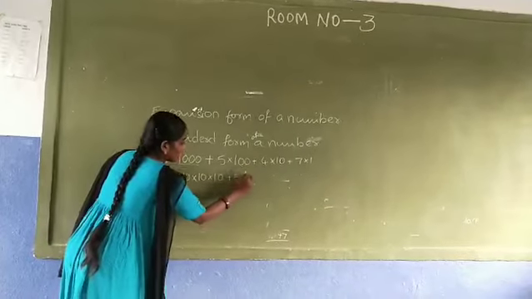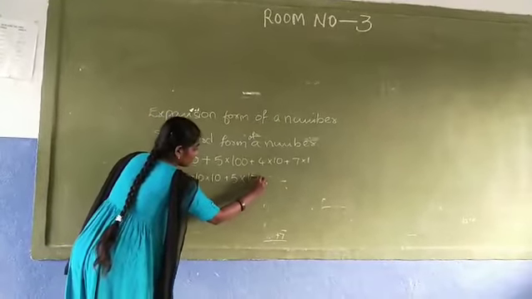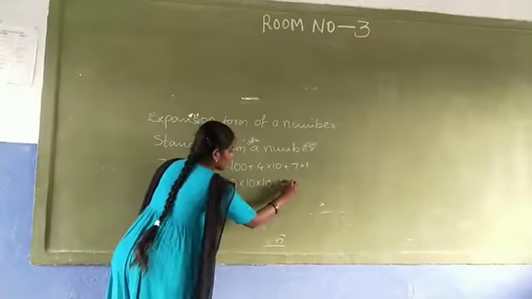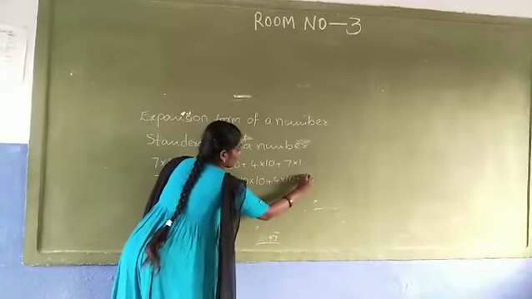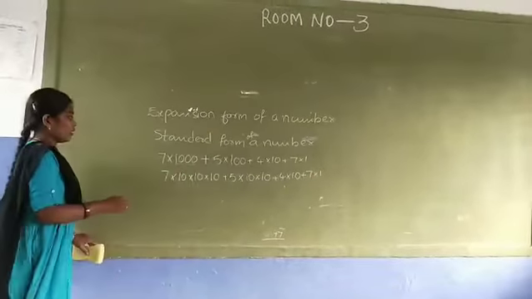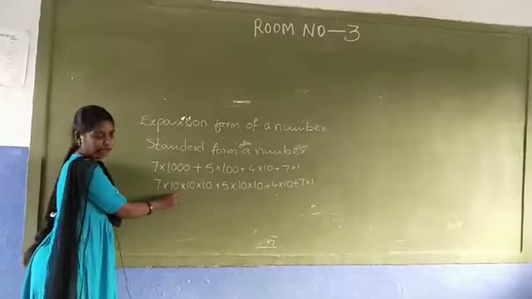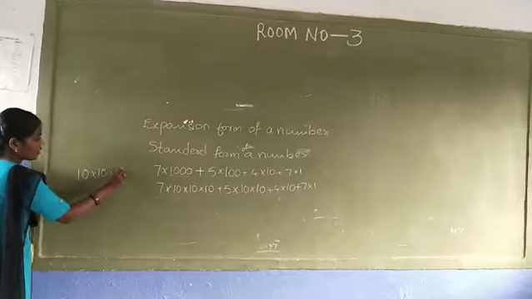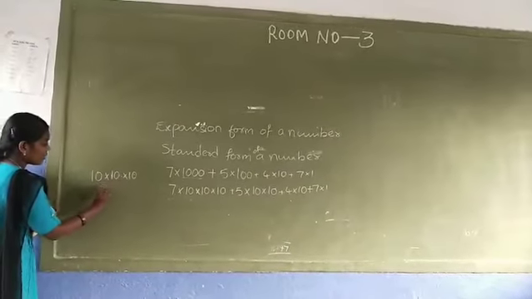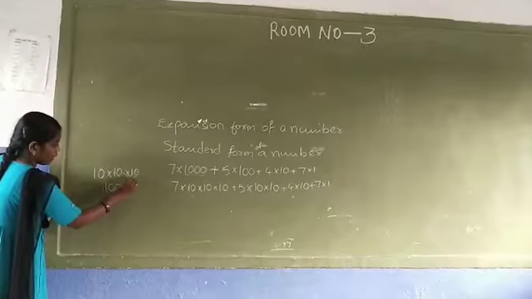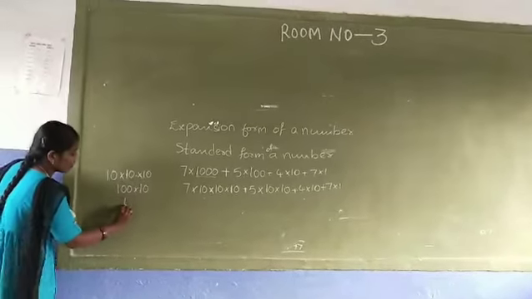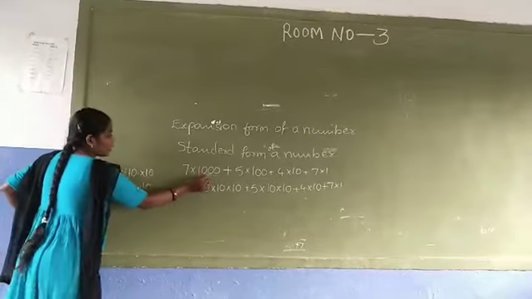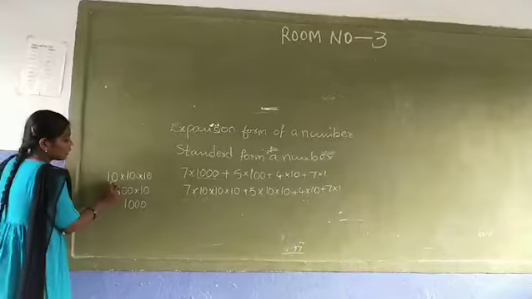In the place of 100 I am writing 10 into 10. Here we have only one 10, so I am writing the same, 7 into 1. 1000 can be written like this. How? 10 into 10 into 10. What is the value of this? 10 times 10 is 100, 100 times 10 is 1000. Then we get the same value. So 1000 can be written like this also.